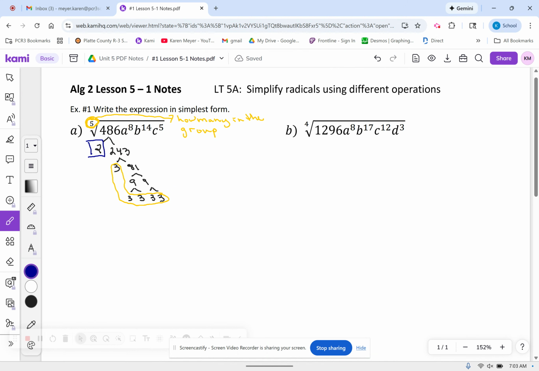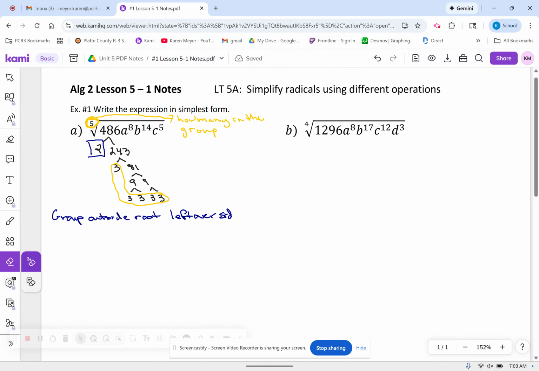So remember, group numbers go on the outside of the root, and singles or leftovers go on the inside. Leftovers inside the root.